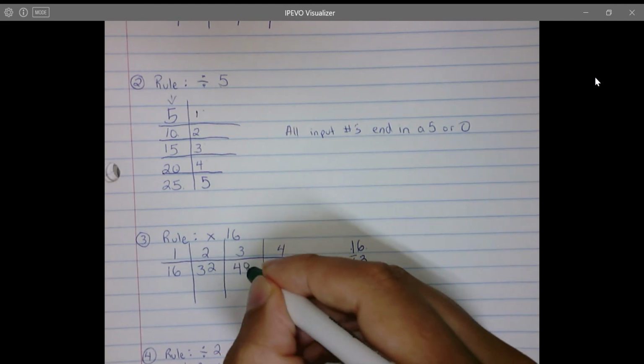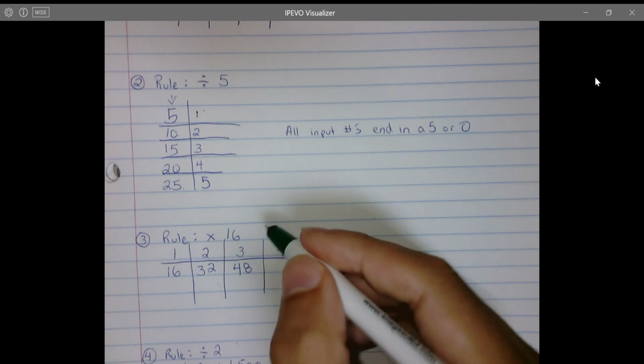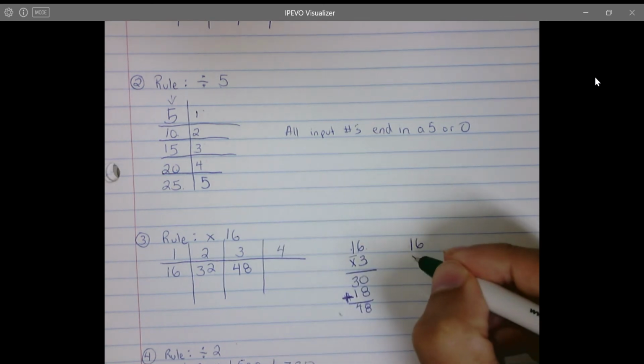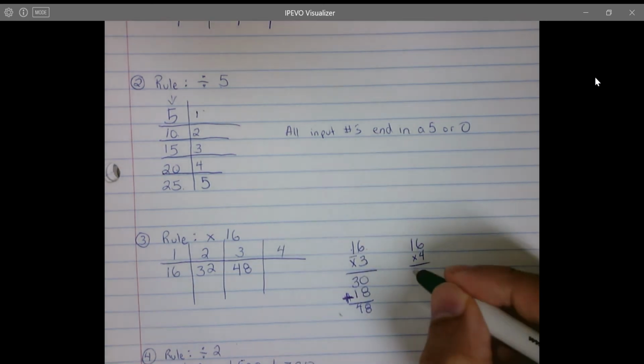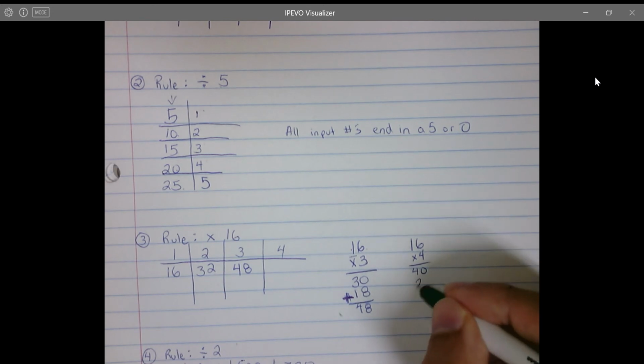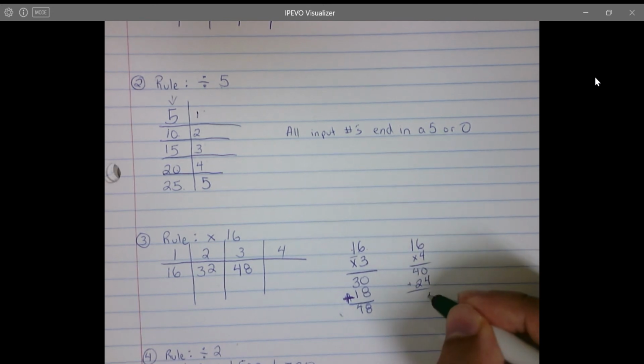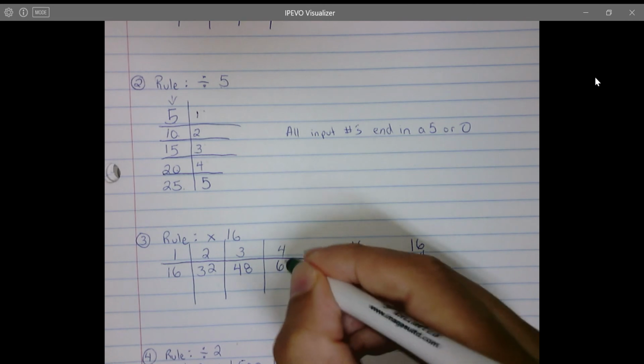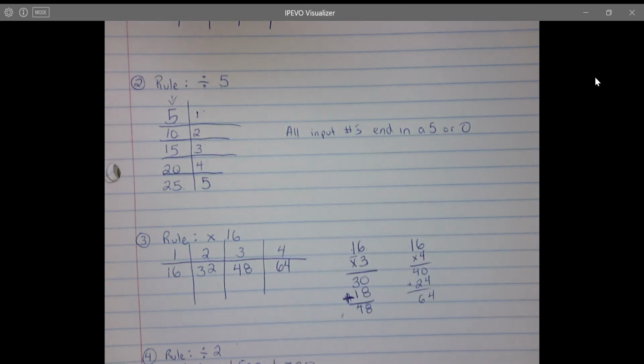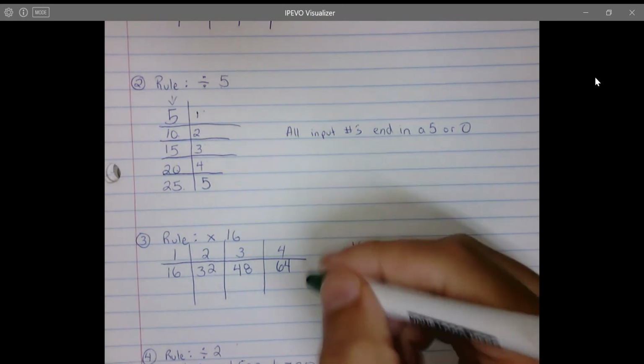So 48. And now I have 4 multiplied by 16, so 16 multiplied by 4. 4 multiplied by 10 is 40. 4 multiplied by 6 is 24. When I add those together, I get 64. So yes, one thing I could have done is I could have added 16, then added 16 again. But I do want to caution you about that.